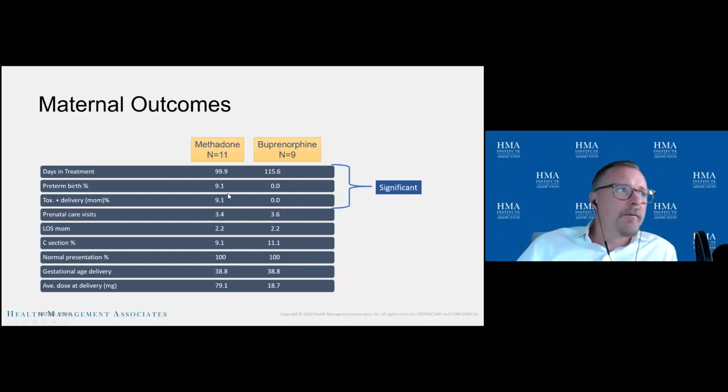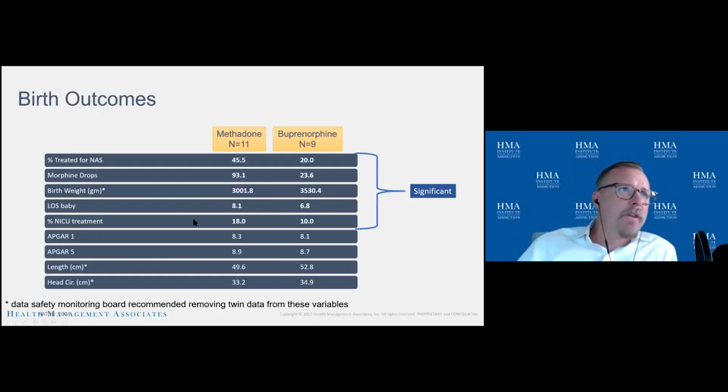And then preterm birth was 0% with buprenorphine and about 10% with methadone, which goes with most of the methadone literature. And then positive tox on delivery was 0 and 9.1 for that. And then the birth outcomes, as we look through here, percent needed treatment for neonatal abstinence syndrome for buprenorphine was 20% and 45% for methadone. So from this standpoint, buprenorphine seems to be superior.